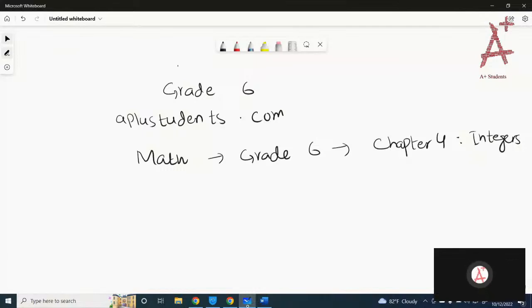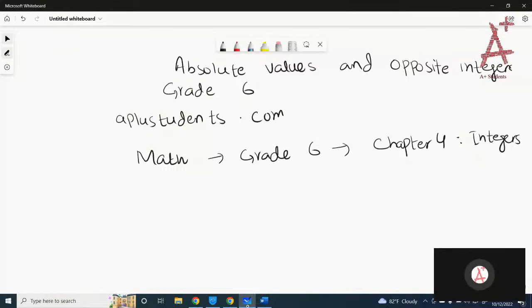So the lesson is absolute values and opposite integers. So please make sure you have your notebook and pencil so that you can note down the important points and the definitions. Got it?